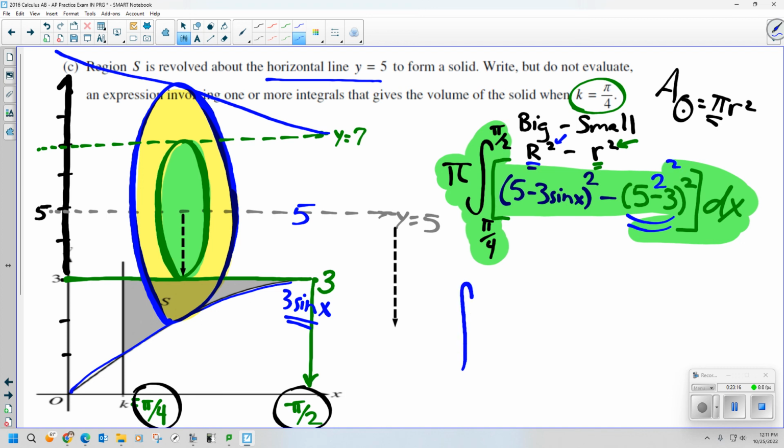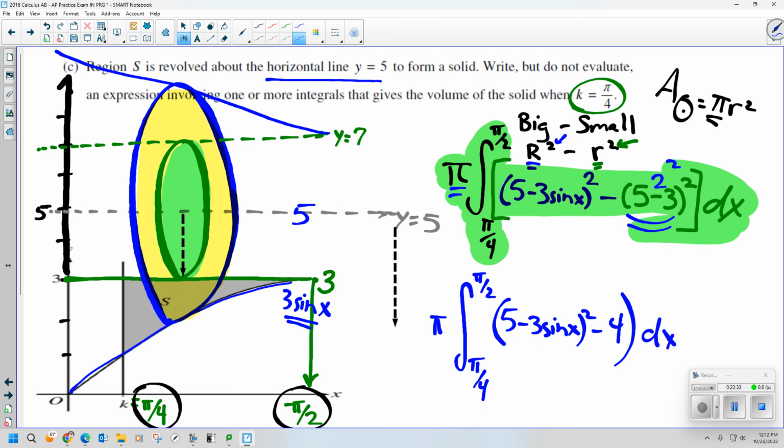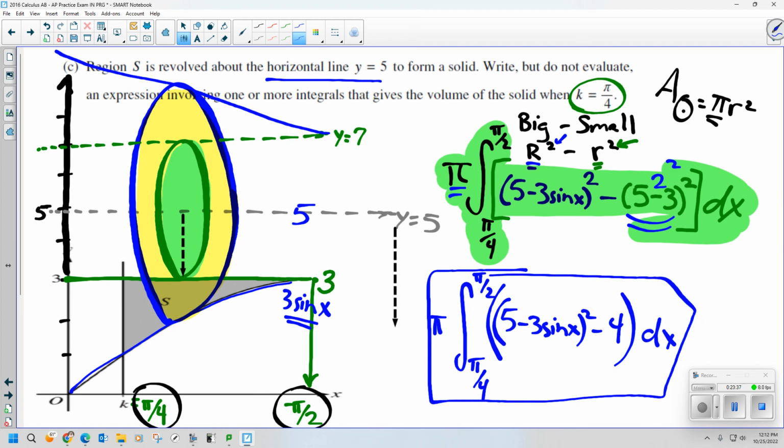So I could write it, if I wanted to, pi on the outside, from pi over 4 to pi over 2 of (5 minus 3 sine of x) squared minus 4 dx. That's a cleaned up version of it, okay?